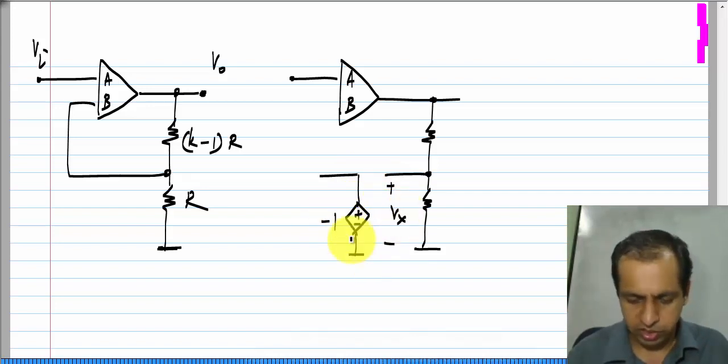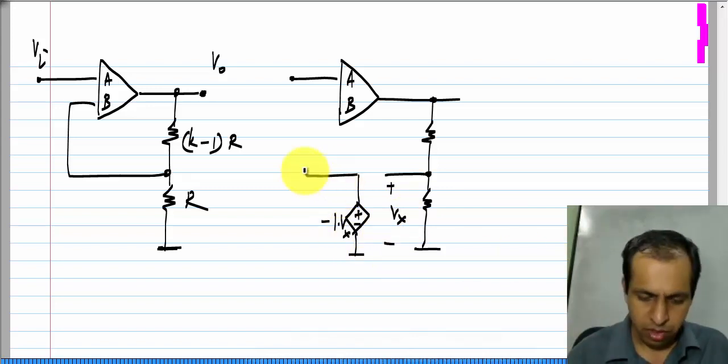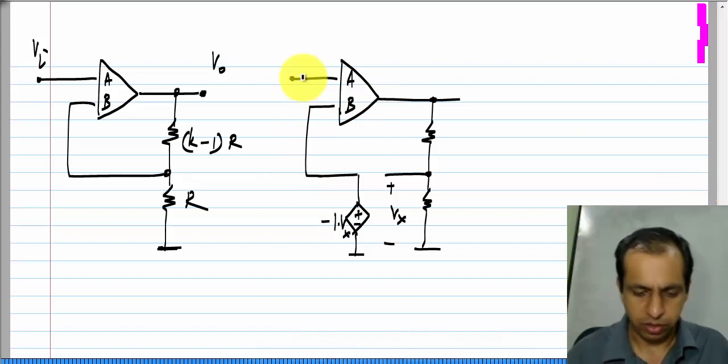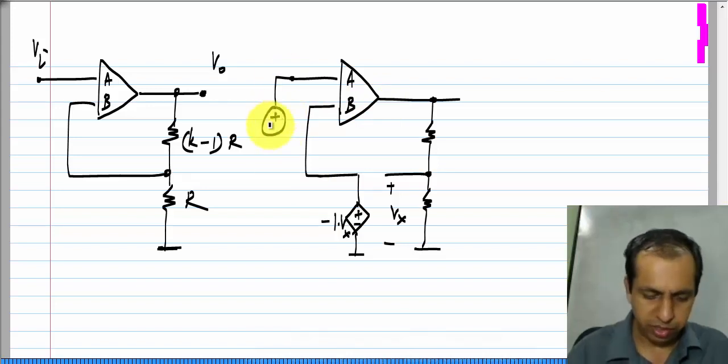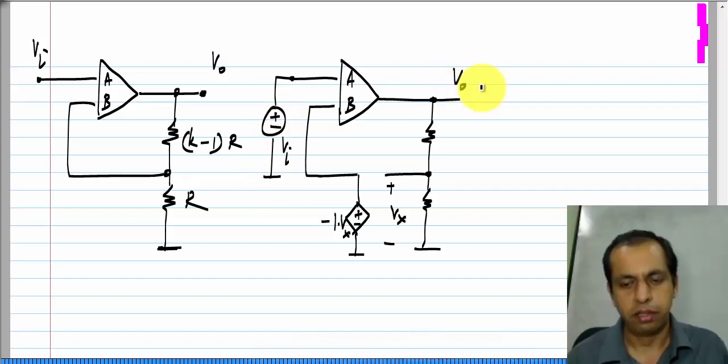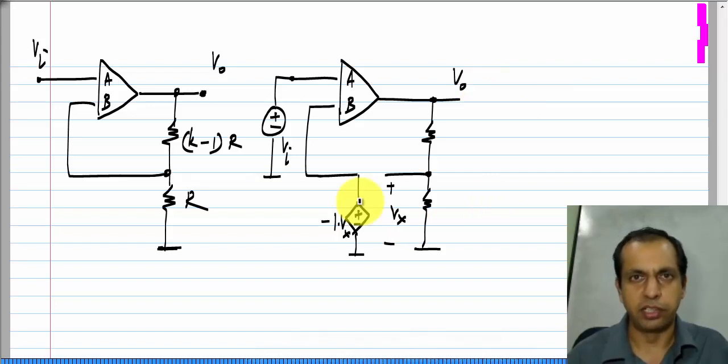I will call this V x, and this is -1 times V x. This is my circuit, and I apply my input voltage V I over here, and I take the output there. Now, let us analyze the circuit for obtaining the right signs for the op amp, so that it is in negative feedback.